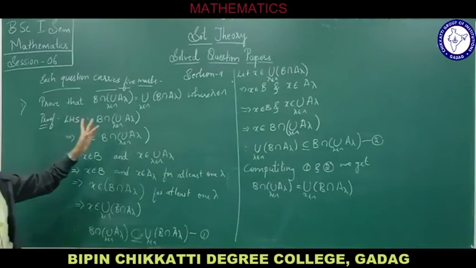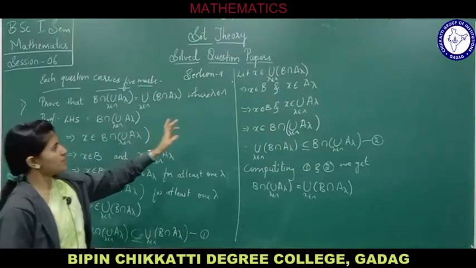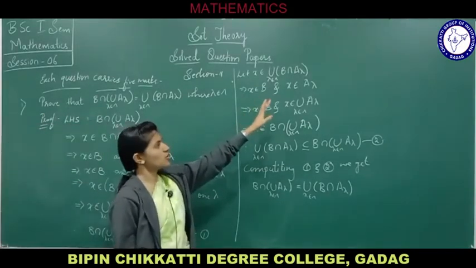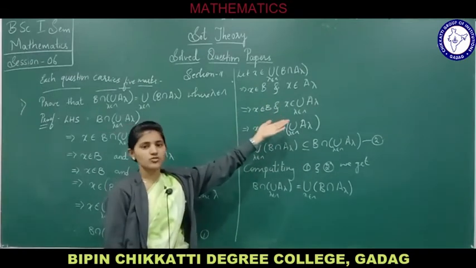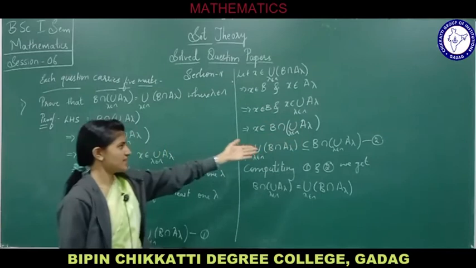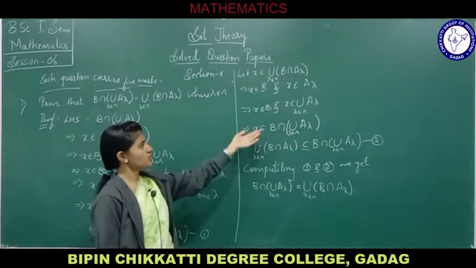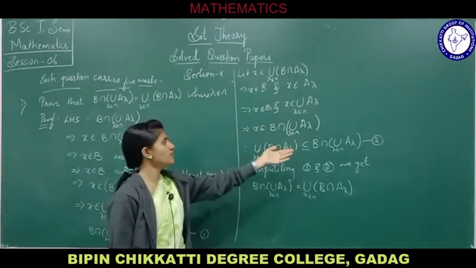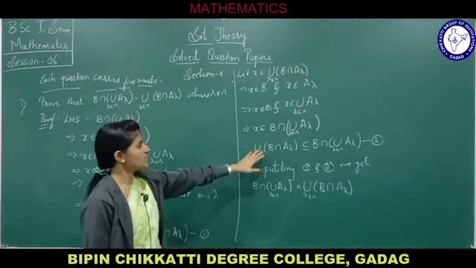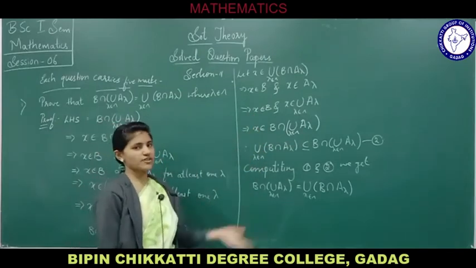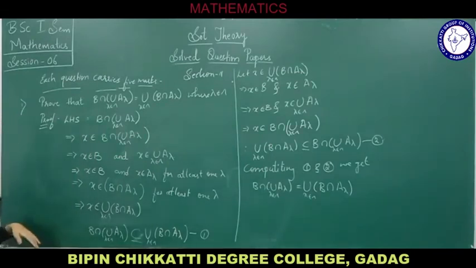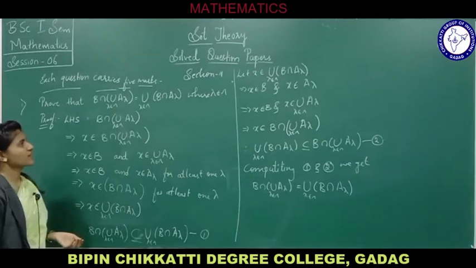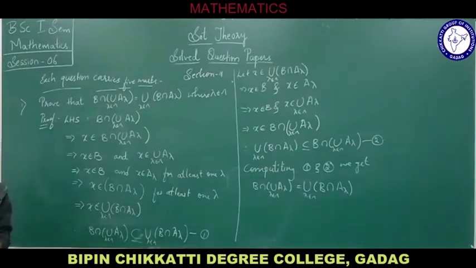That is, union of B intersection A lambda means it should belong to B and it should belong to A lambda, for at least one lambda. If so, then it belongs to union of A lambda. Then it belongs to B intersection union of A lambda. That is going to be the subset. And hence, combining 1 and 2, we prove that B intersection union of A lambda is equal to union of B intersection A lambda, where lambda belongs to this index set.